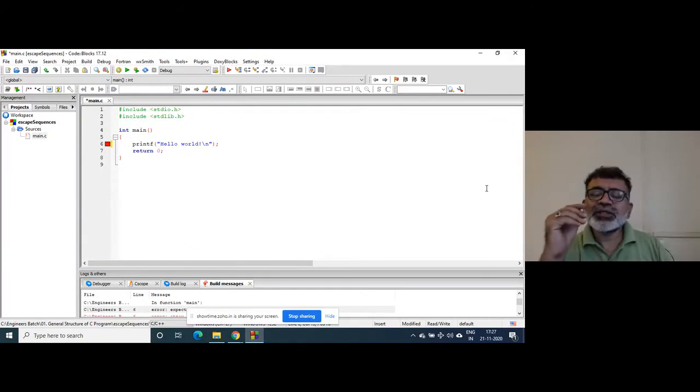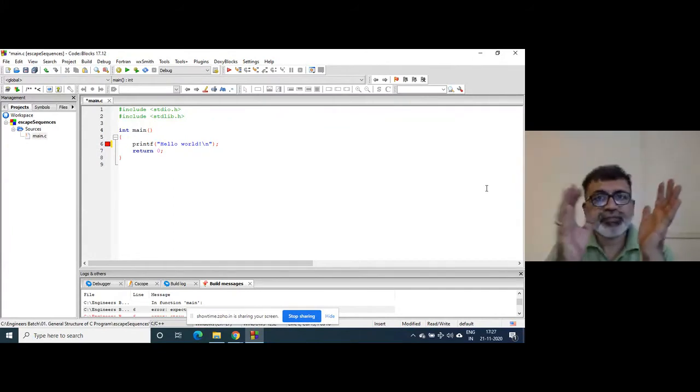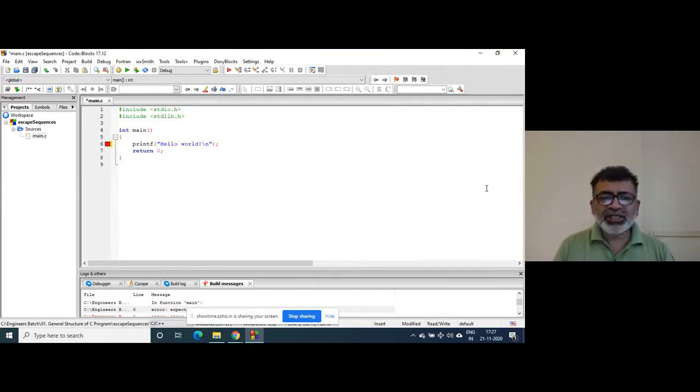So the same philosophy you can use. Double quote is the operator used for printing some string. That is the predefined meaning of double quote, right? Because whatever you write inside a pair of double quotes, that is a string. Whatever you write inside a pair of single quotes, that is a character. Those are the basic primitive and non-primitive data types of C language.